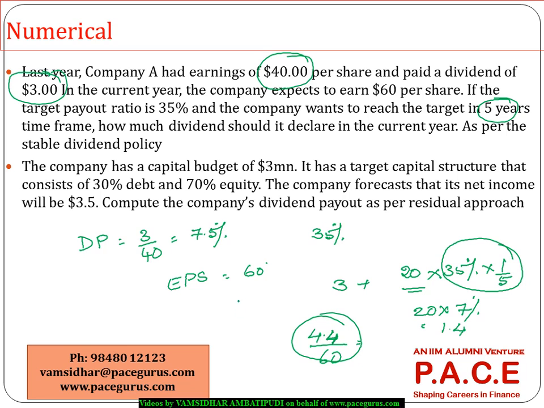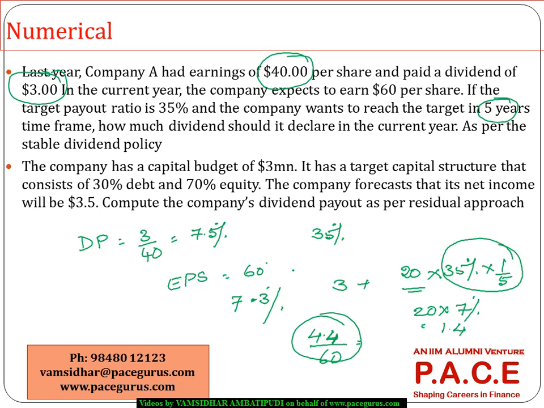Initially the ratio may fall, here 4.4 by 60 has actually fallen to 7.3%, but over the period it will keep growing. That is the intention in moving towards a stable dividend model.